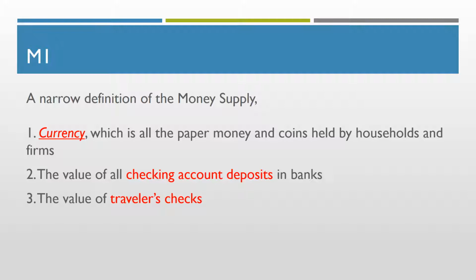To get a sense of M1, it basically includes only the currency and the money that can be immediately used to buy goods and services. That's the reason we call this a narrow definition of money supply, because it only includes the money that can be immediately used in the economy.